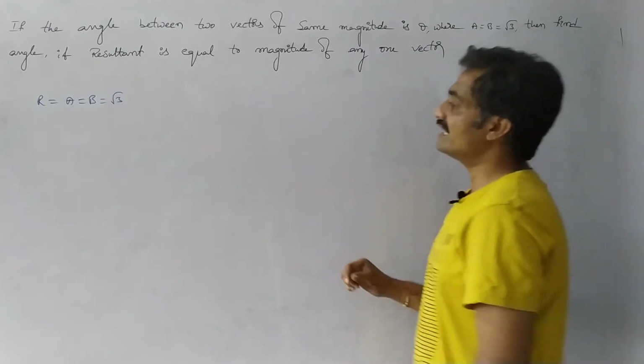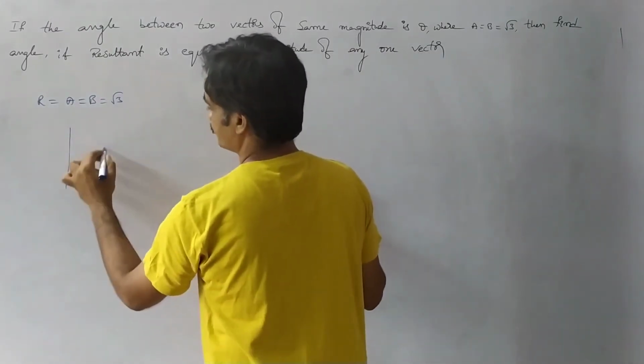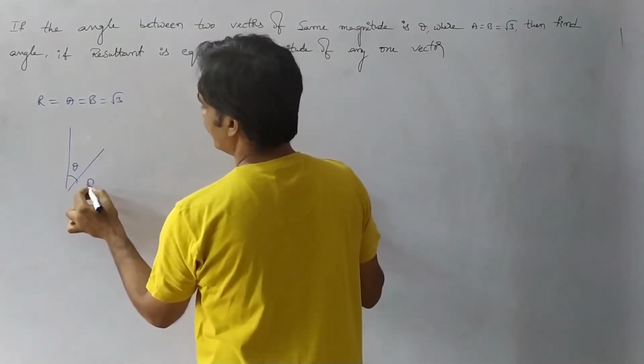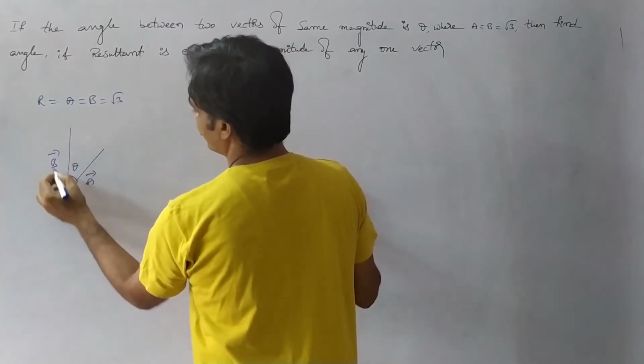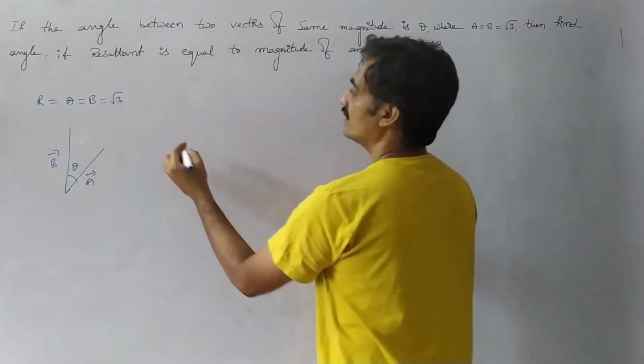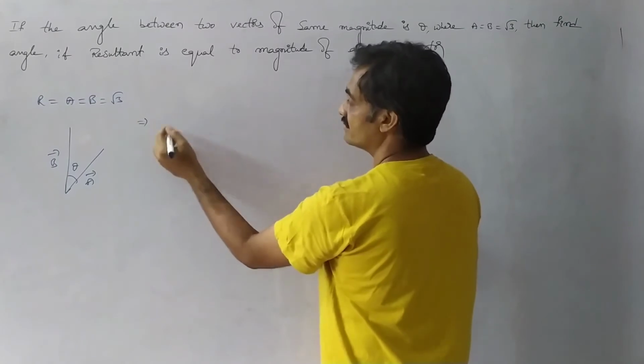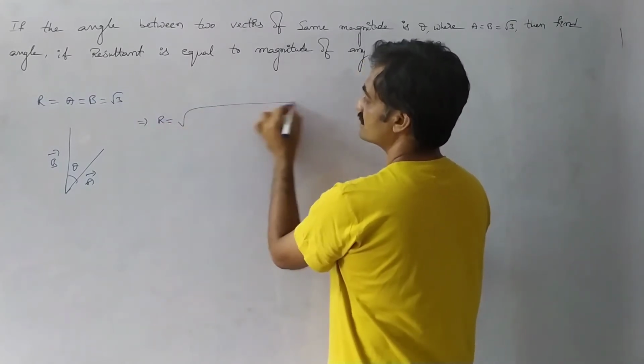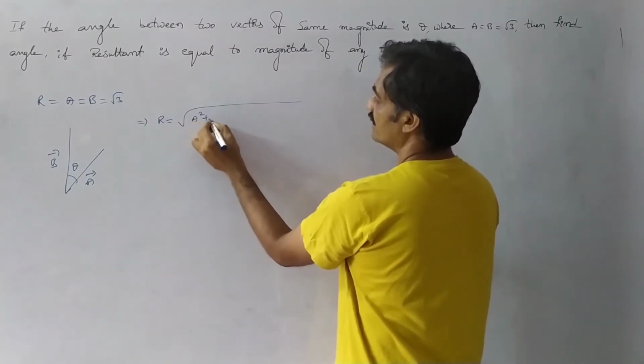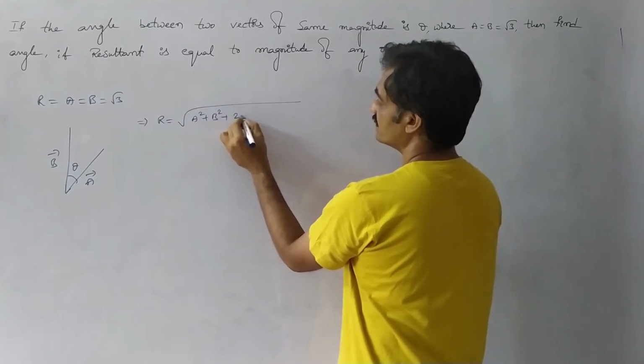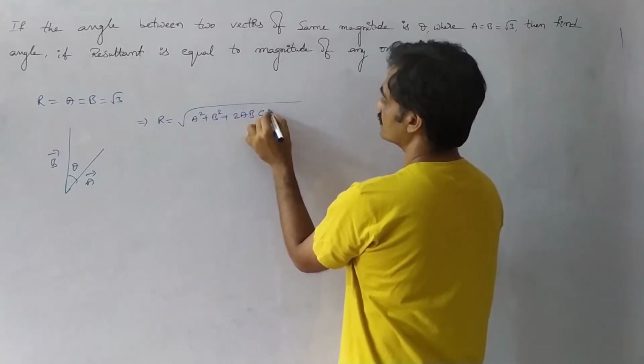Now we have to find the angle between these two vectors a bar and b bar. In order to find this angle, we consider the magnitude equation, and we know that the resultant equals the square root of a square plus b square plus 2ab cos theta.